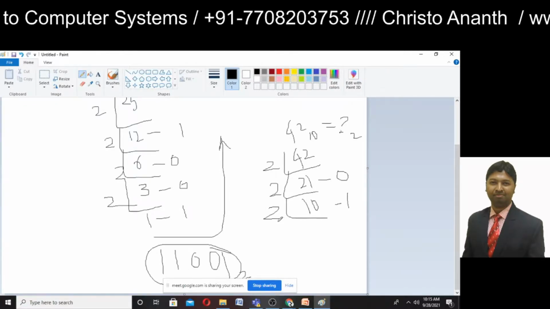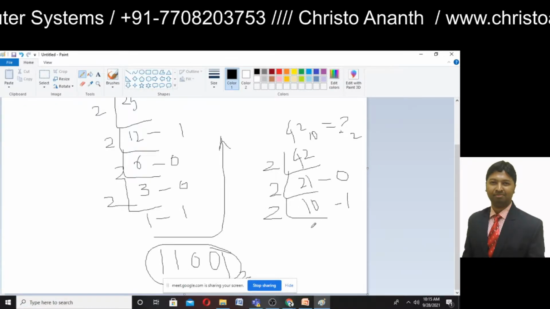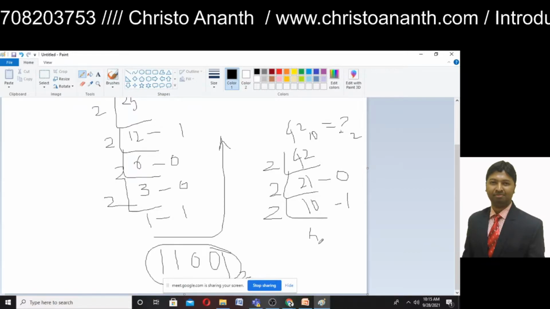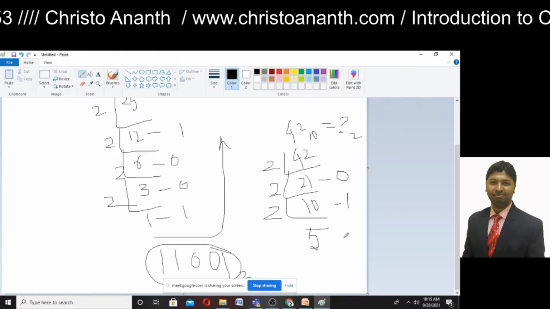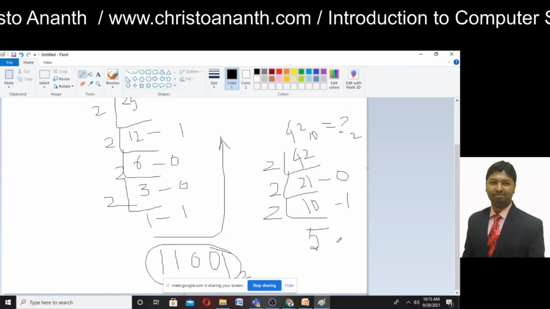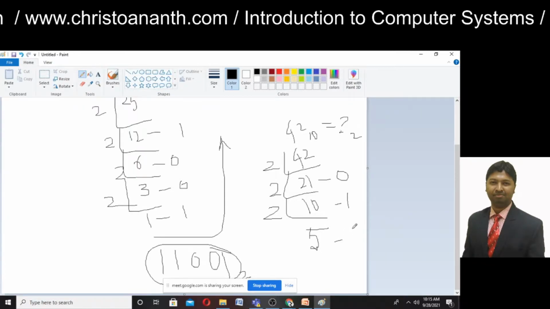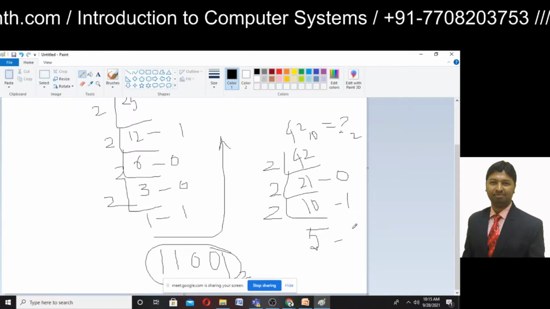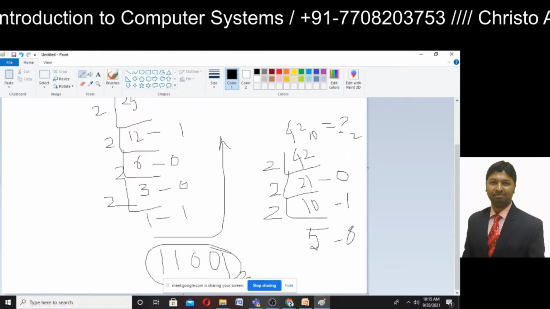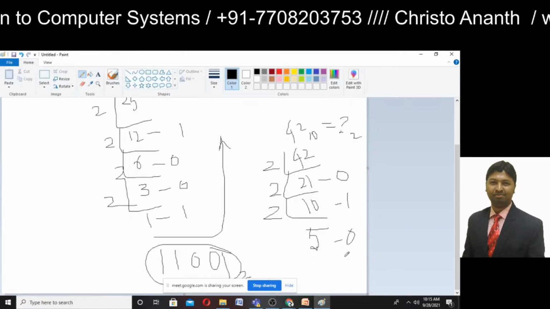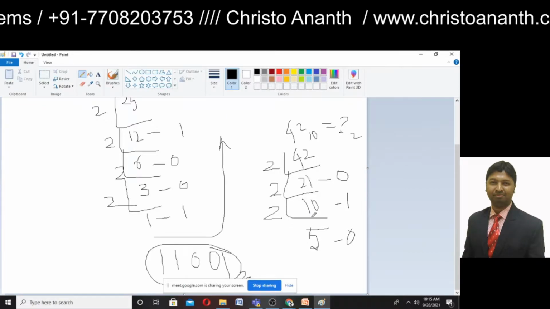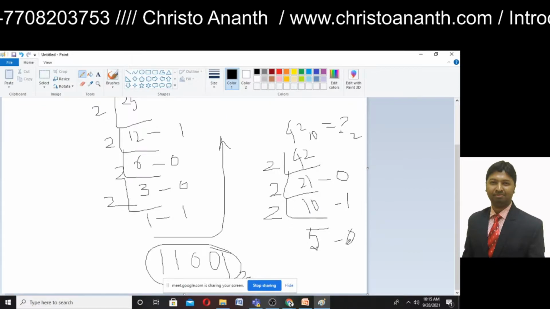And then 10 divided by 2 is 5. 2 multiplied by 5 gives 10, so the remainder is 0.